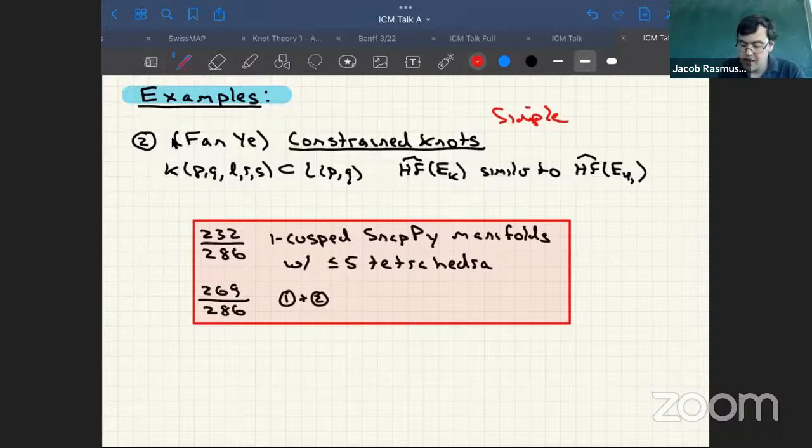And actually, you should think of these knots as being generalizations of the figure 8 knot, or maybe more generally generalizations of 2-bridge knots in S3. So in particular, it turns out that HF hat of these manifolds all has a very standard form. It's computable from the Turaev torsion plus a little extra data.